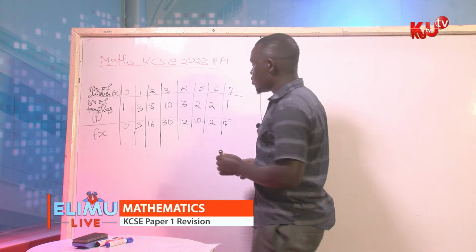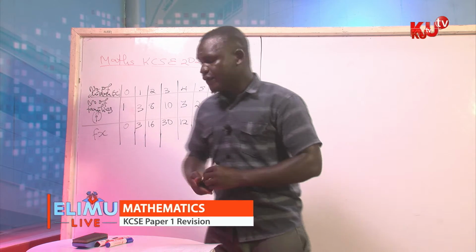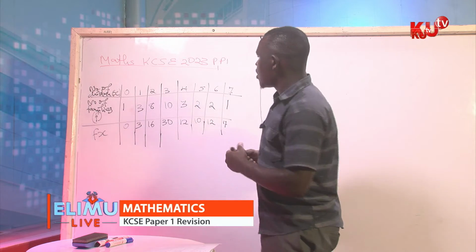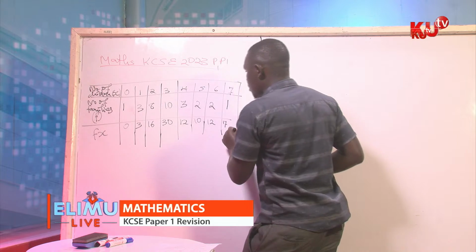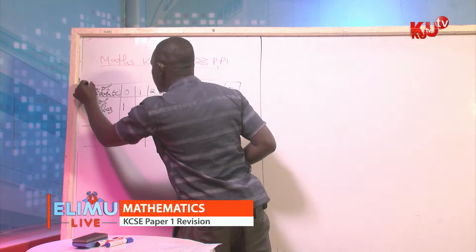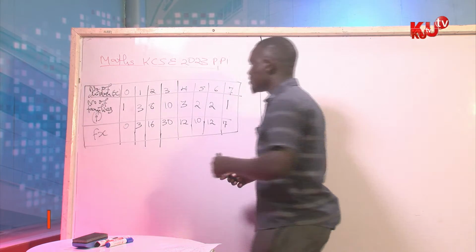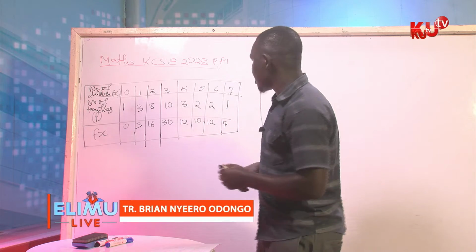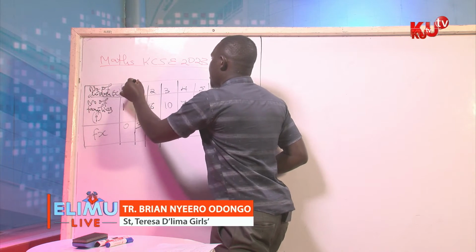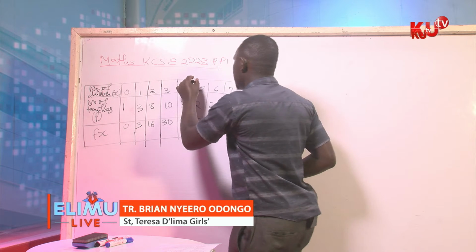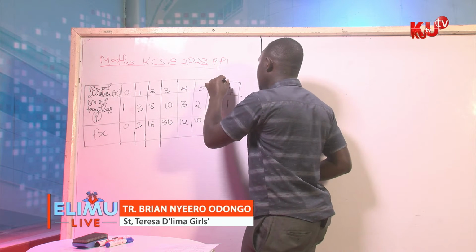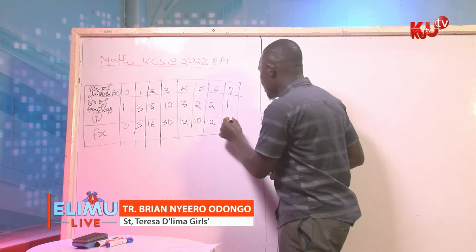Now, this is one way of drawing your frequency distribution table. When you look at my frequency distribution table, it has been drawn horizontally. But another student will say interpreting a horizontal table is difficult or challenging to him or her.